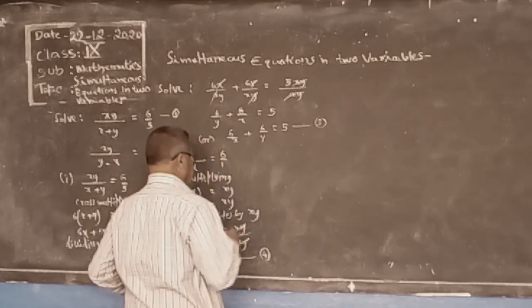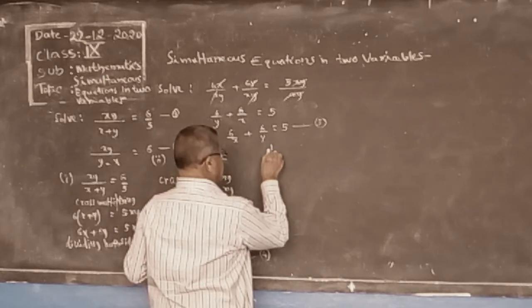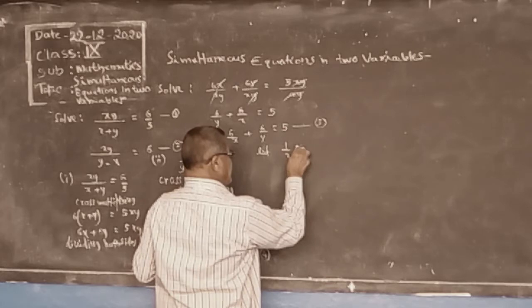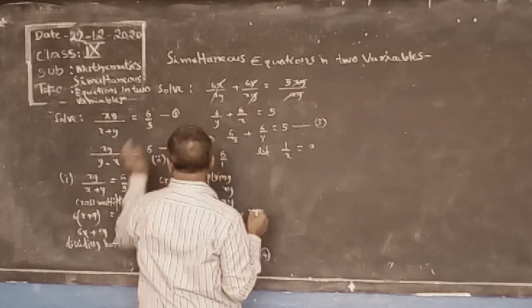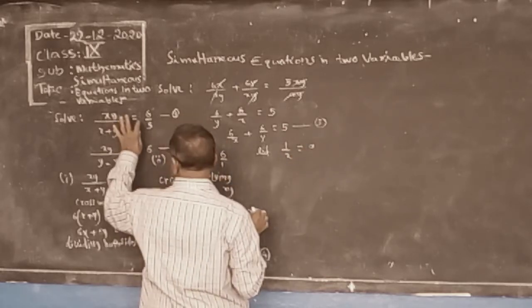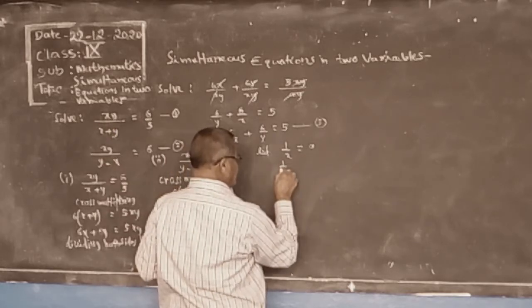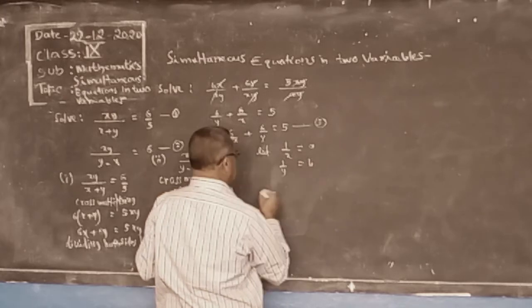When the variables are in the denominator, let us take 1 by x as a. For variables other than x and y, we can take any letter. Let a be 1 by x and 1 by y equal to b.